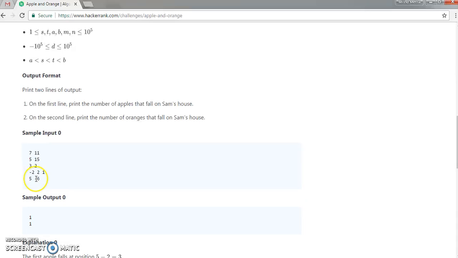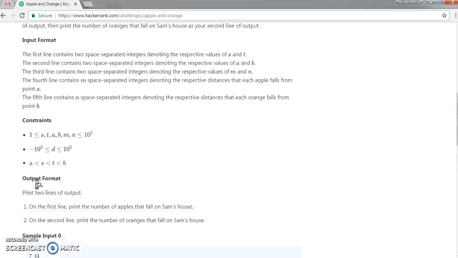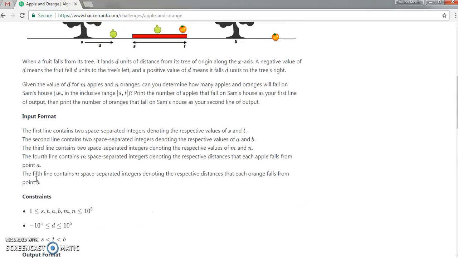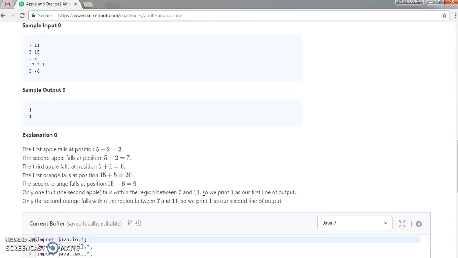The fifth line gives the distances where the oranges fall. So what we need to count is how many apples fall between S and T, within Sam's house.